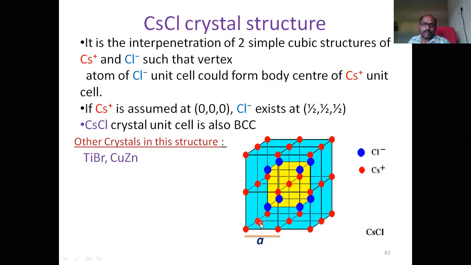If cesium plus is at 0 and Cl minus is at 1 by 2, 1 by 2, 1 by 2, we can treat this one as 0 and this one as 1 by 2, 1 by 2, 1 by 2. The other compounds which crystallize in this form are these.